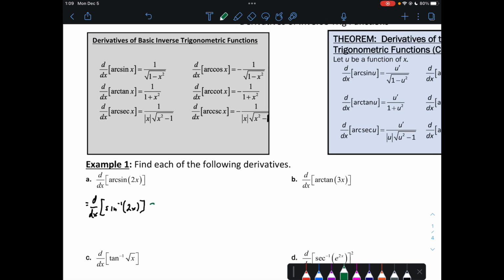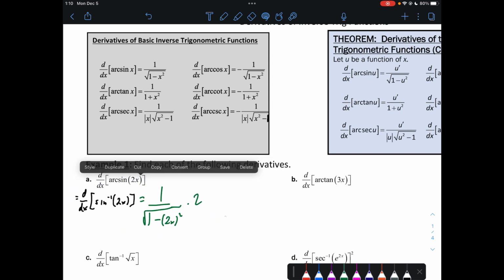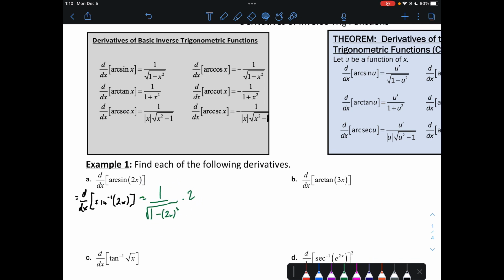So it's going to be 1 over root 1 minus, u would be just 2x here, so 2x squared, times the derivative of u, which is 2. Let's make this a little bit smaller here. So if we simplify that, we would just simply get 2 over root 1 minus 4x squared.